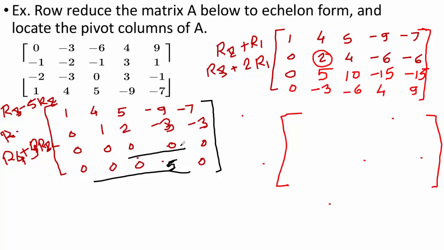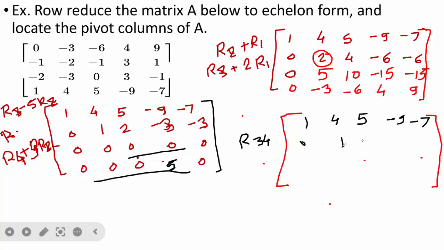What is our rule? Our rule is to place the zero row at the bottom. Therefore, I shall interchange R3 and R4. 1, 4, 5, minus 9, minus 7, 0, 1, 2, minus 3, minus 3.